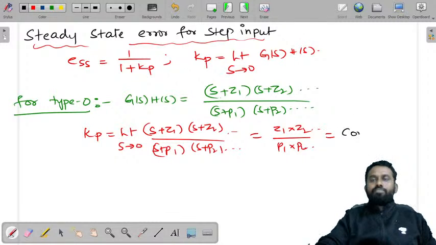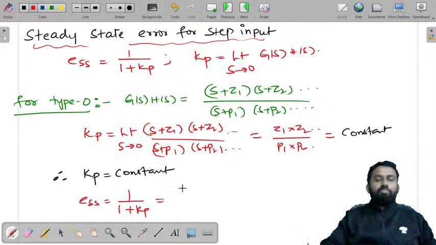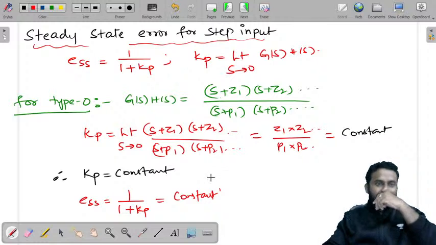Therefore, Kp is equal to constant. But it's not that you need to find Kp, you need to find ESS. ESS is equal to 1 by 1 plus Kp. If Kp is constant, ESS is also a constant value.